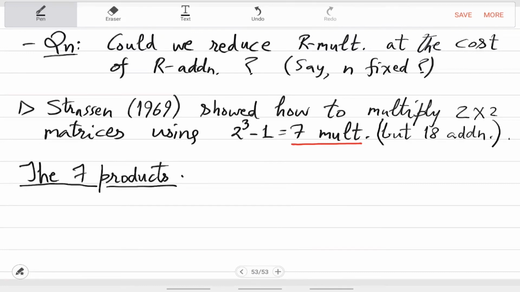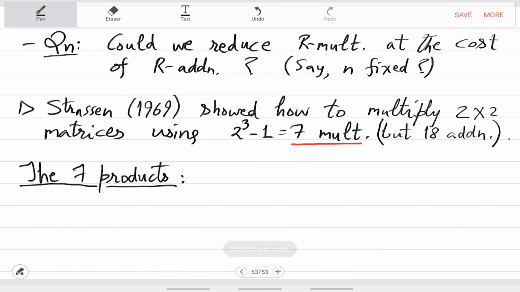The idea is that Strassen defined these 7 products P1 to P7 such that the 4 entries of the Z matrix are just sums or differences of these Pi. In fact, linear combinations of the Pi using only plus minus 1 coefficients. So multiplications are only 7, additions are more.